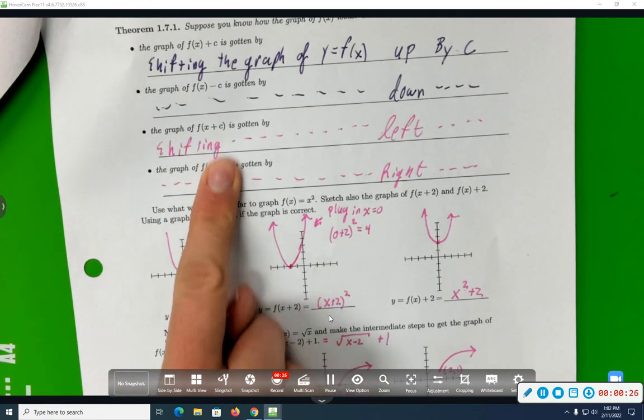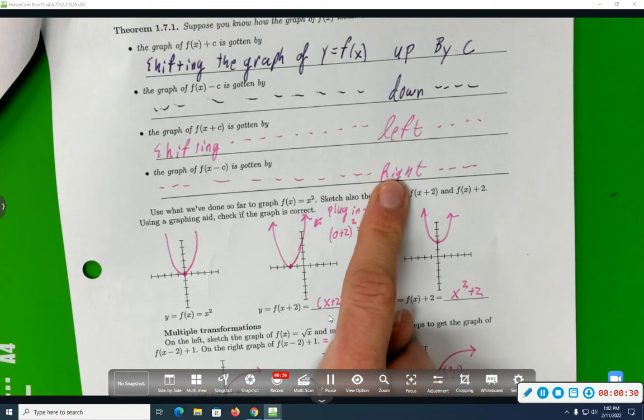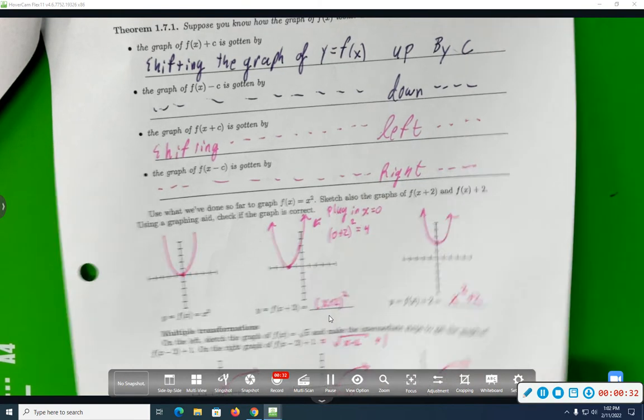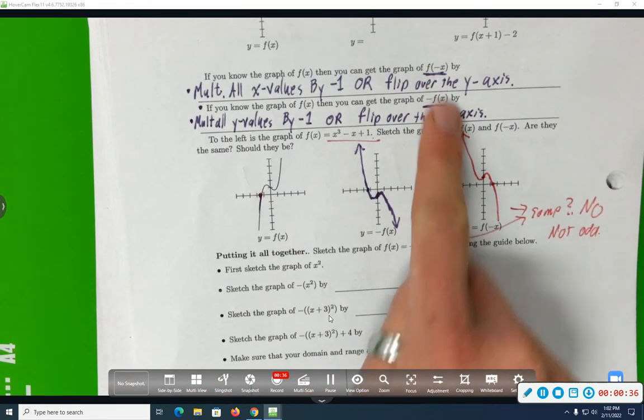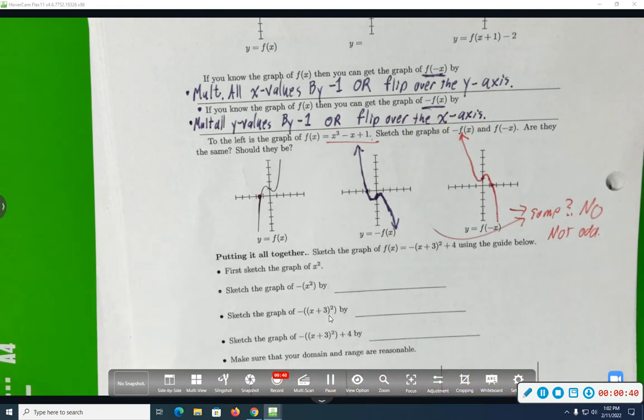Adding a number to the input of a function shifts the graph in exactly the opposite of the intuitive way. Multiplying the input or the output of a function by a negative sign affects the graph in exactly the way that you would expect. So if we know what each of those things do, we should be able to understand what the sum total of the effect of a sequence of a bunch of these will have on the graph.